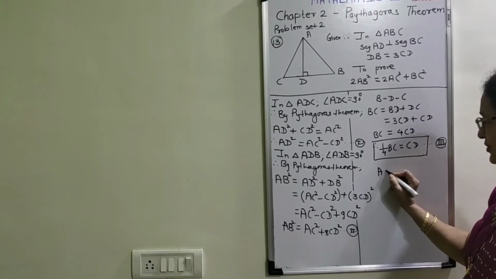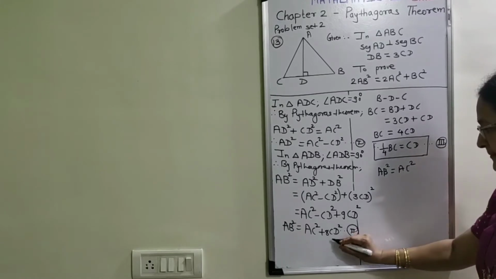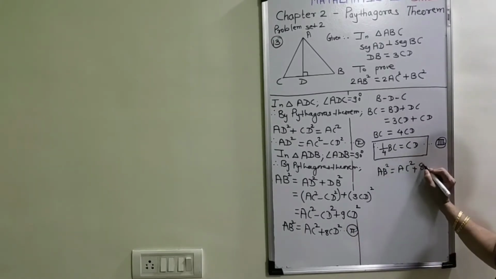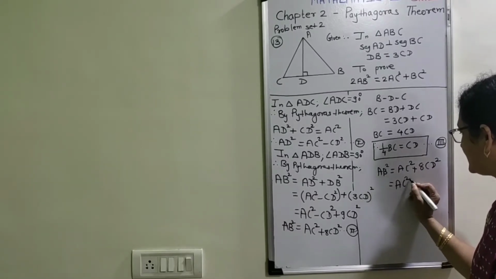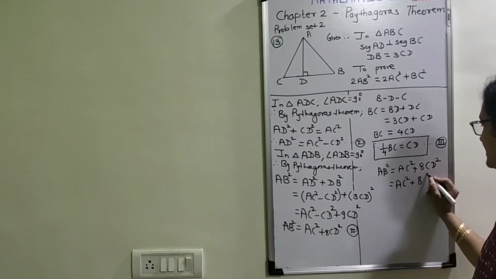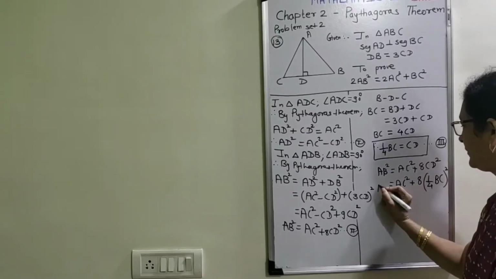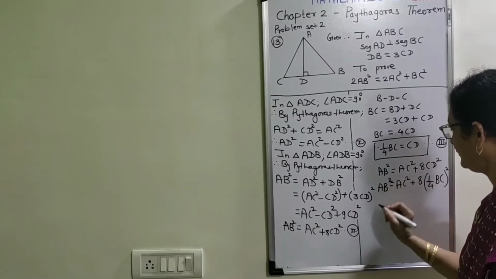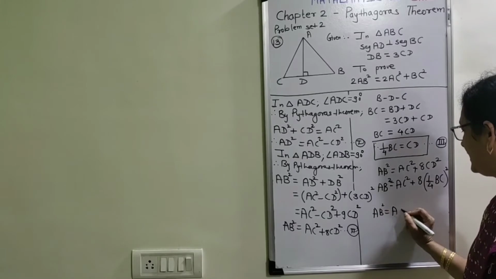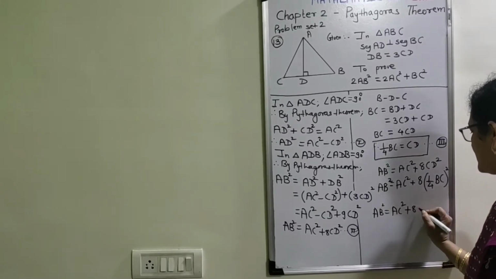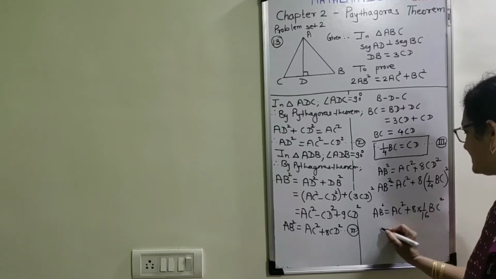Substituting in expression 2, AB square is equal to AC square plus 8CD square. Substitute this, we will get AC square plus 8 into 1 upon 4 BC the whole square. Therefore, AB square is equal to AC square plus 8 upon 16 BC square.